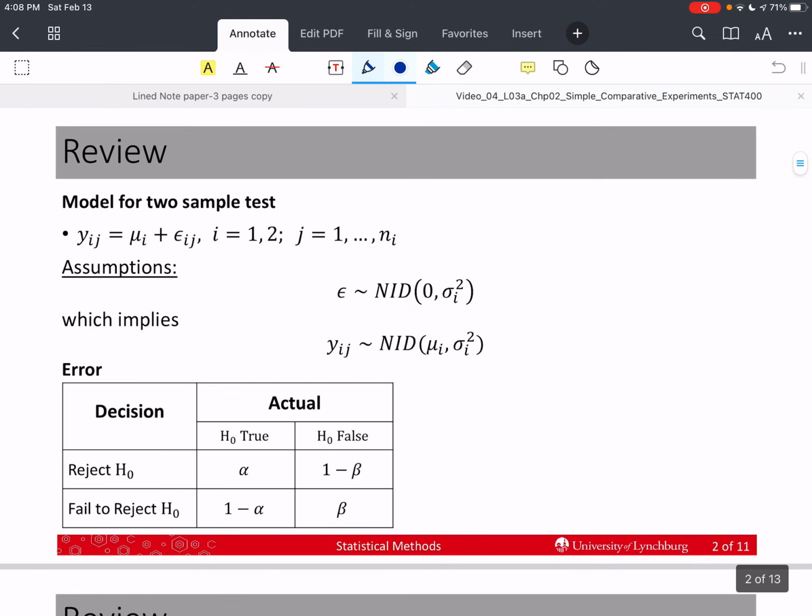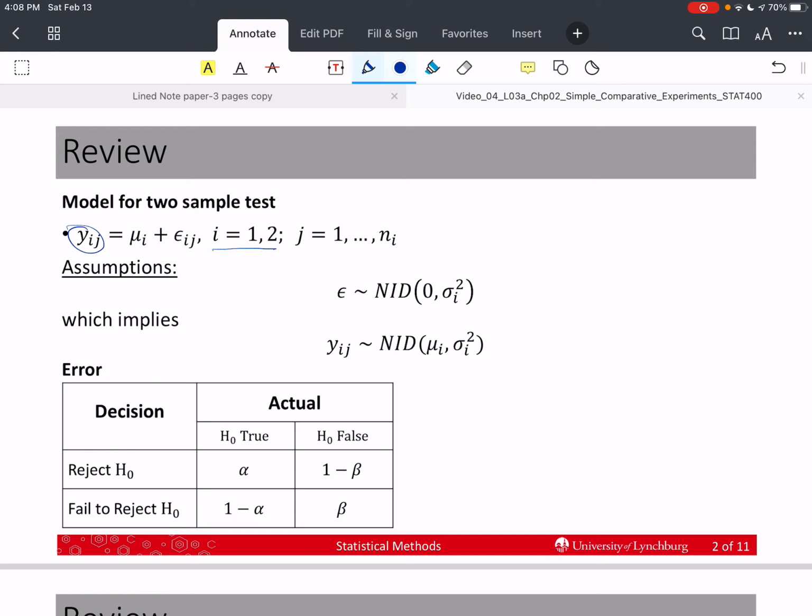Last time we talked about a model for the two-sample test. And so we have observations, Yij, and these were defined in the last video lecture. So Yij is the jth observation under the ith treatment. And here we have two treatments, 1 and 2. Mu sub i is the mean of the ith treatment level.